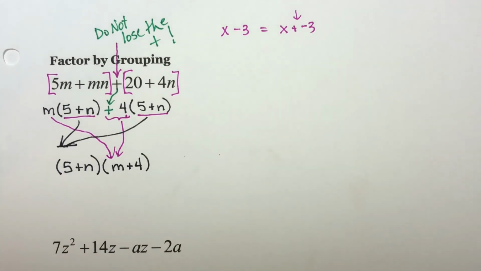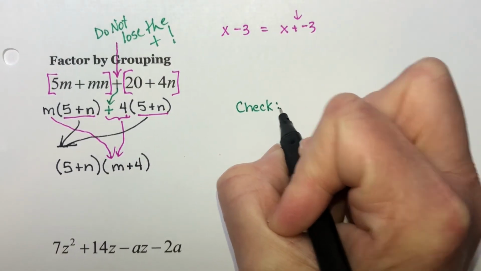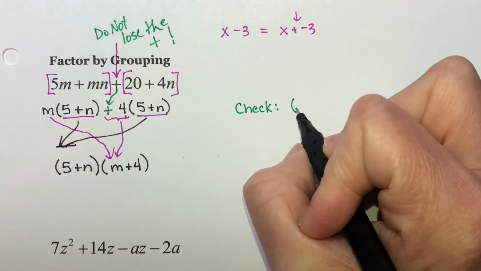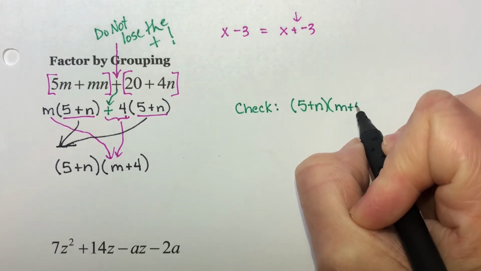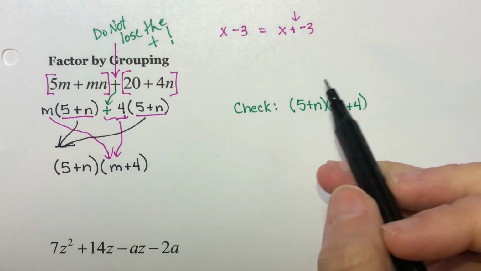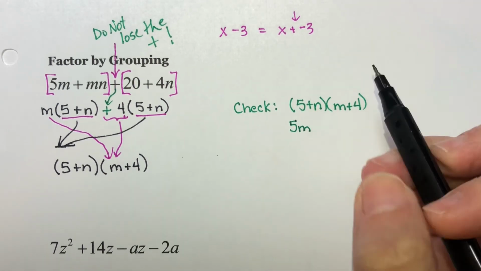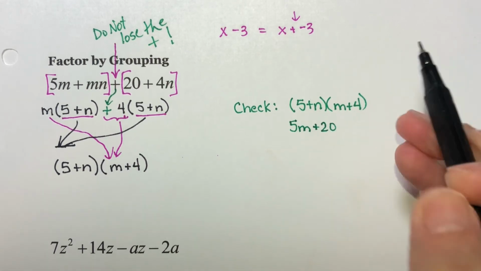Okay. Now just for this problem, I'm going to do a check to prove to you that it works. I'm going to multiply these 2 things back together. Let's think of this as a distribution. 5 times m is 5m. 5 times 4 would be plus 20.